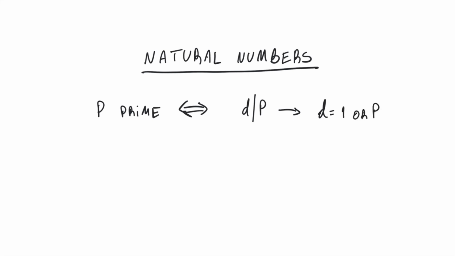In case you're unfamiliar with the notation, I'm using this vertical line to say D divides P. So in other words, P is prime if the only numbers that evenly divide it are 1 and itself.